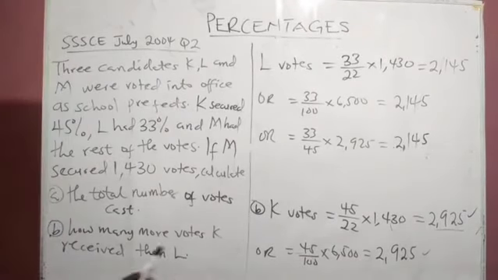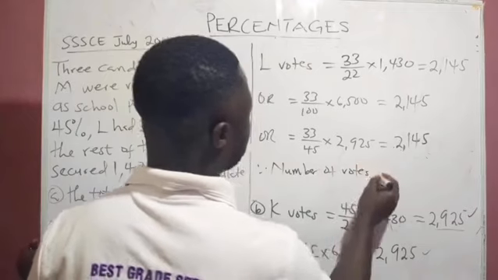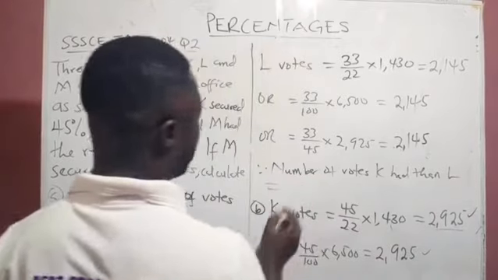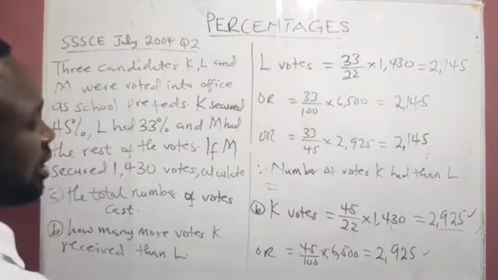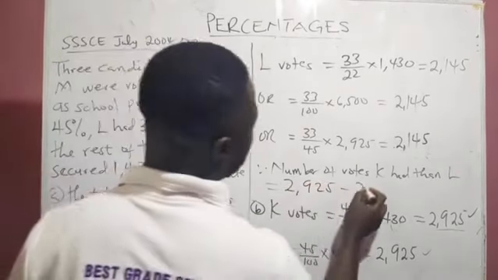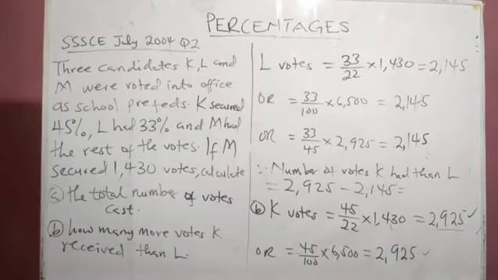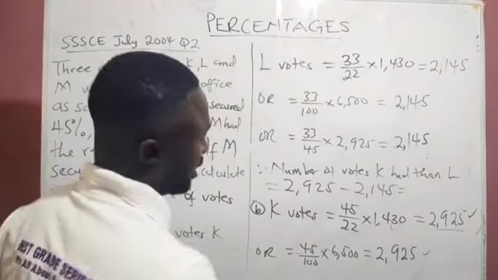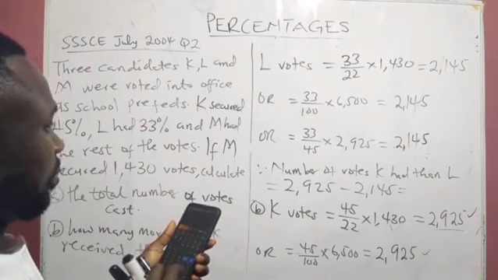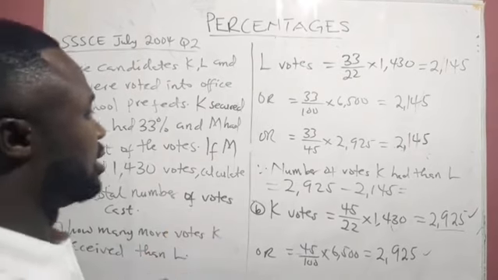The question says how many more votes K received than L. Therefore, for the votes K had more than L, you subtract. All right, the difference. K had 2,925 minus L had 2,145, so that you know the difference. 2,925 minus 2,145 will give us 780.